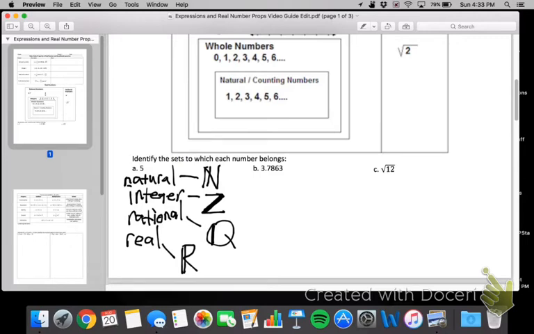So this is the same as 3 and 7863 out of 10,000, like the mixed fraction, which makes it a rational number. So in this one we would have Q, and then also it's a real number.